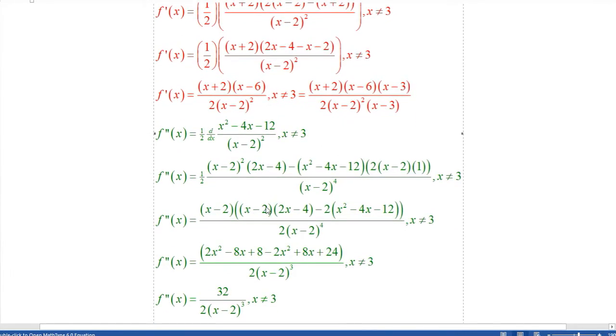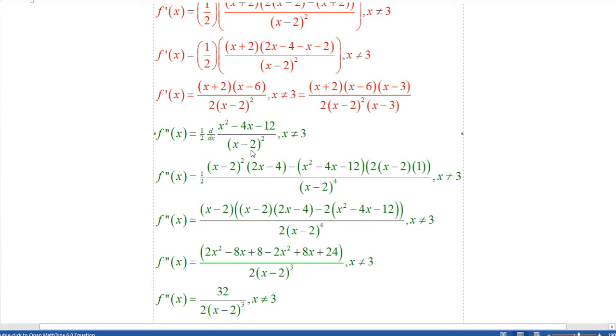How about the second derivative? Again, I'm going to look at it this way: x plus 2 times x minus 6 over 2 times x minus 2 squared. I'm going to take the 1/2 out front, and use FOIL in the top and get x squared minus 6x plus 2x is -4x, and 2 times -6 is -12.